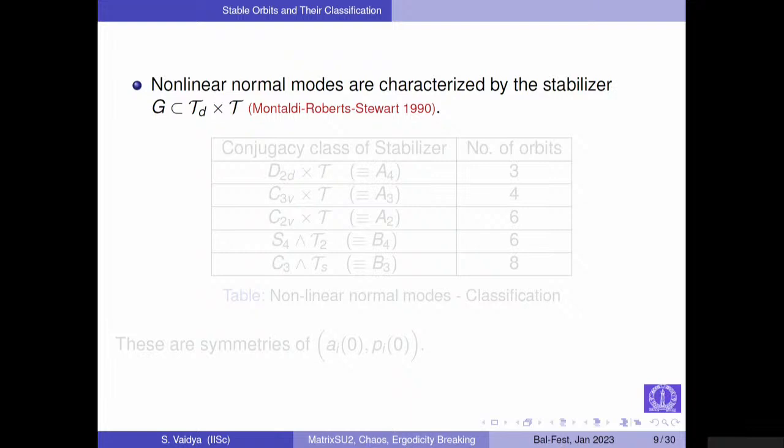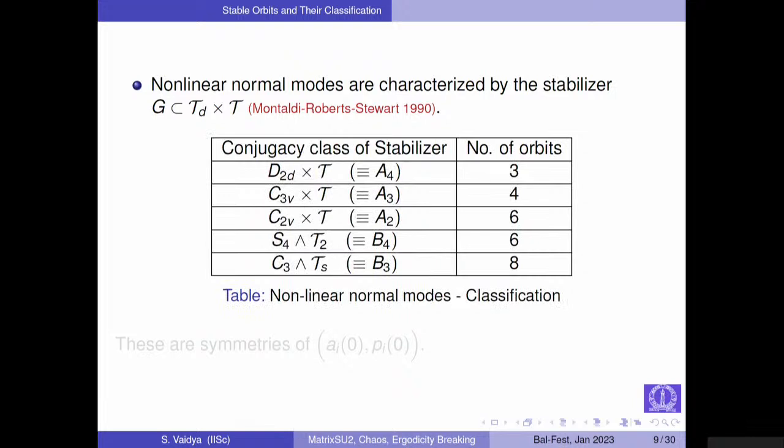Montaldi, Roberts, and Stewart studied and organized these nonlinear normal modes, and they found that they can be organized by the conjugacy class of the stabilizer of the orbit.